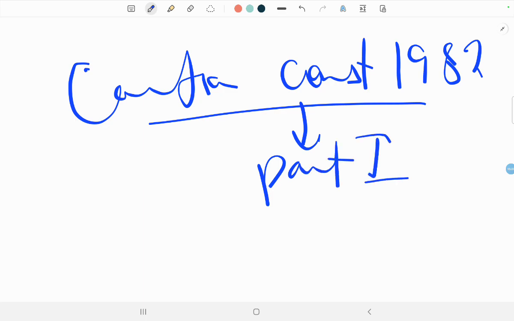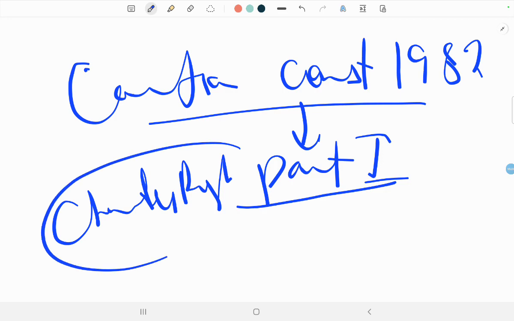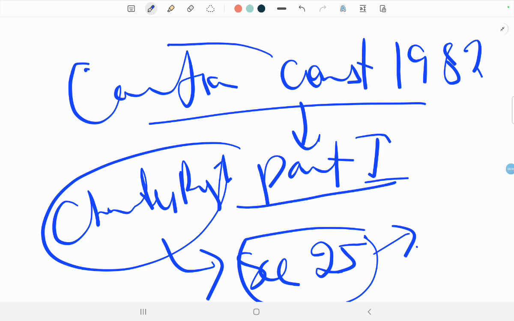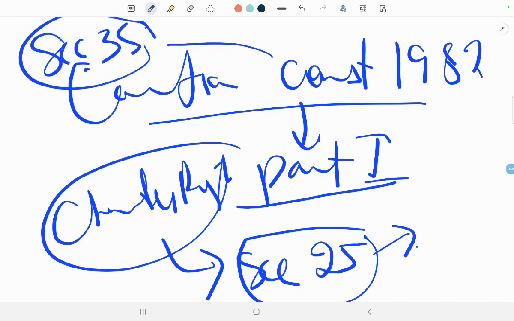Part 1 talks about charter rights. Under the charter rights, there is one section called Section 25, which also saves the rights and titles of Aboriginal peoples. Canadian Act Section 35 saves those rights, and charter rights Section 25 also saves those rights.